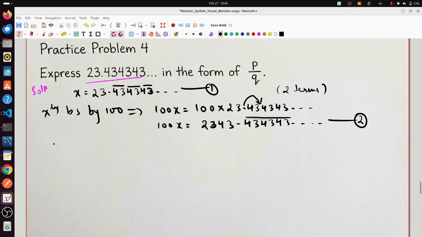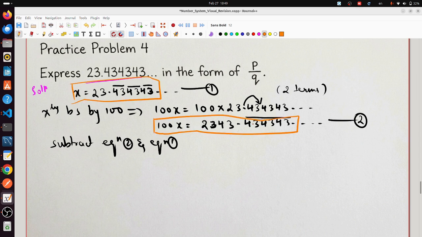Now what was the next step? Next step is to subtract equation 1 from equation 2. Now we have this as equation 2 and here we have equation 1.